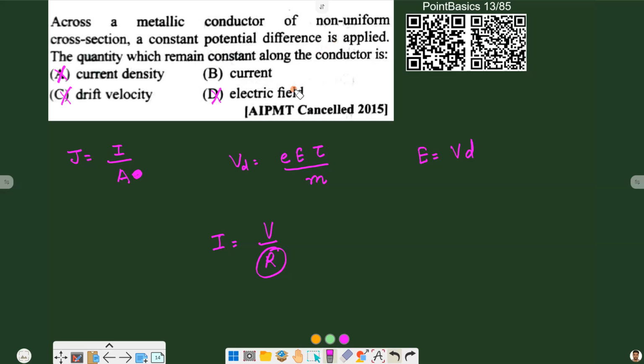It does not matter how this resistance is distributed, whether across one end the resistance is larger and across the other end it is smaller. The value of current only depends on the final value of resistance and the potential applied across the two ends. So hence current here will be constant along the whole conductor.